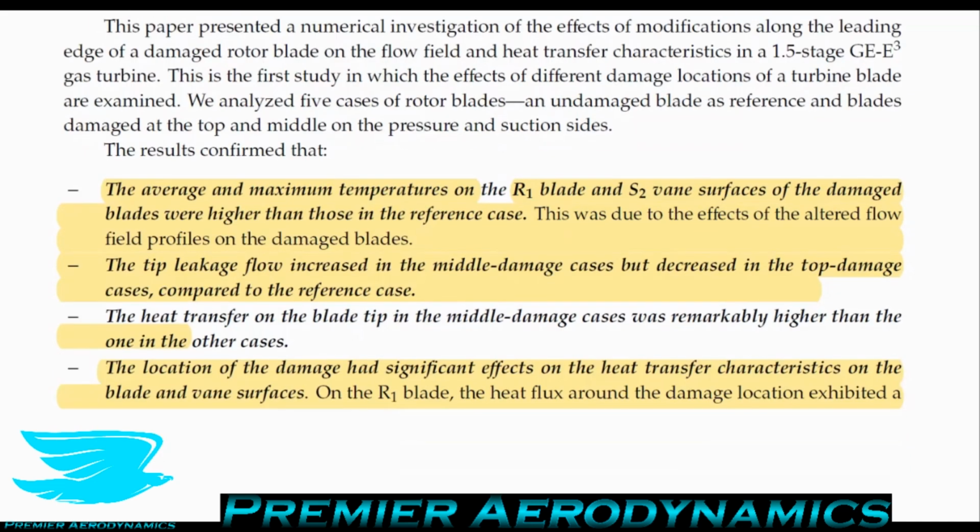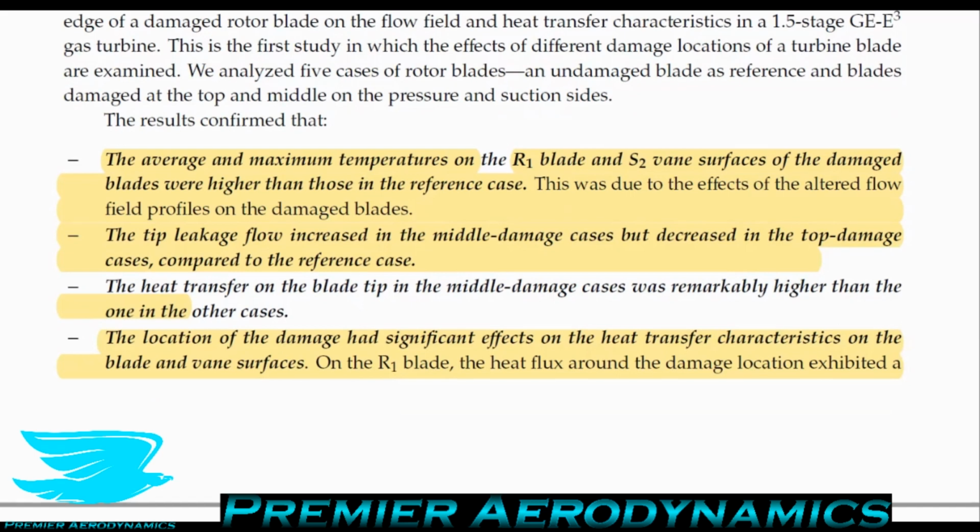Okay, so let's move on to the conclusion. From this study on how the blades being damaged affect the aerodynamics and the heat transfer of the blades, they say that the average and maximum temperatures on the rotor blades and the stator blades surfaces of the damaged blades were higher than those in the reference cases. This was due to the effects of the altered flow fields on the damaged blades.